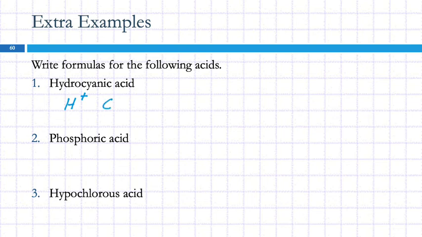This is cyanide, which is CN minus, one of those polyatomic ions. So cyanide and hydrogen, we're going to get HCN aqueous. Now, it follows the rules that the other binary acids do, and it's not an oxyacid. There's no oxygen in it, right? But it's not really a binary acid.